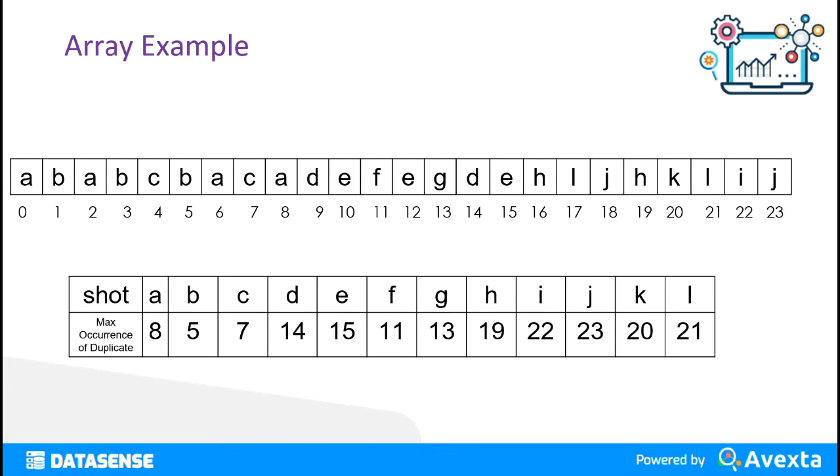And we stored this in a dictionary. So what you're looking at in the table below is a visual representation of what our dictionary looks like, where we have the shots as the keys and the max occurrence of duplicate as the value.